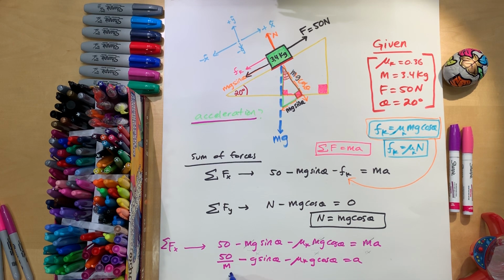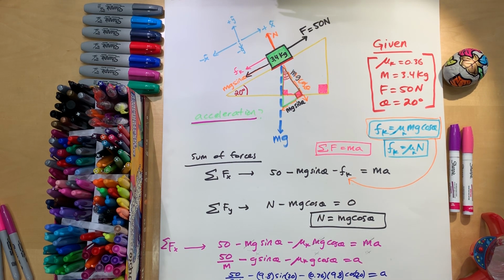So we're gonna put 50 divided by m, the mass, which is 3.4. So 3.4 minus 9.8 for gravity, sine of 20 degrees, minus mu k, which was given, 0.36, again times gravity and cosine of 20 degrees.